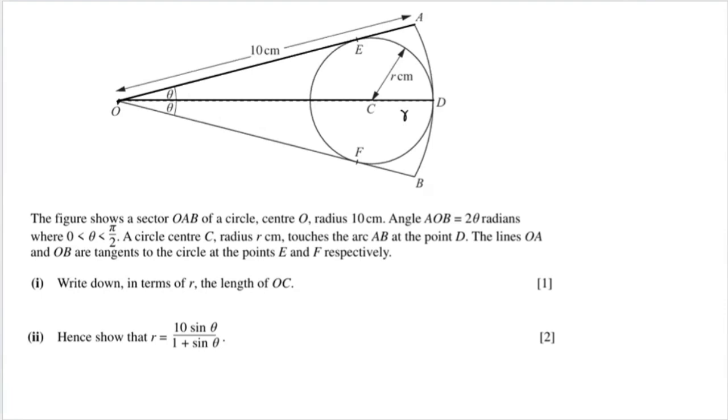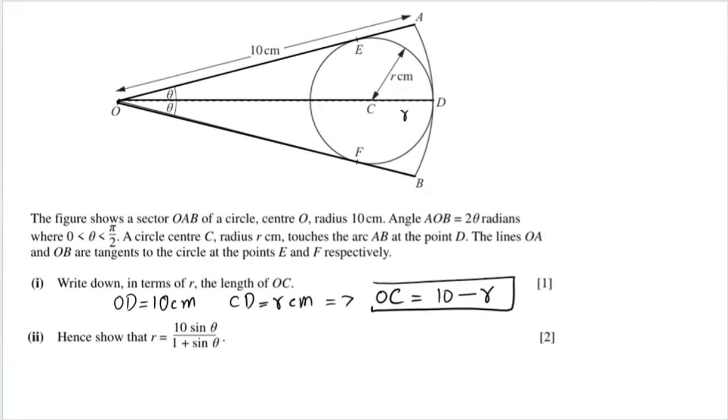So if that is 10, then this is 10, and all of them are equal to 10. So you can say OD is 10 centimeter, and CD is r centimeter. This implies that OC is going to look like 10 minus r. That's a 1 mark part.